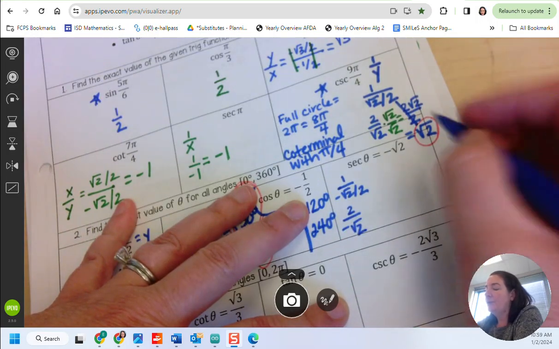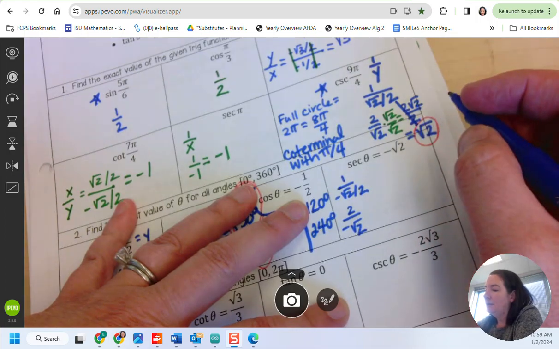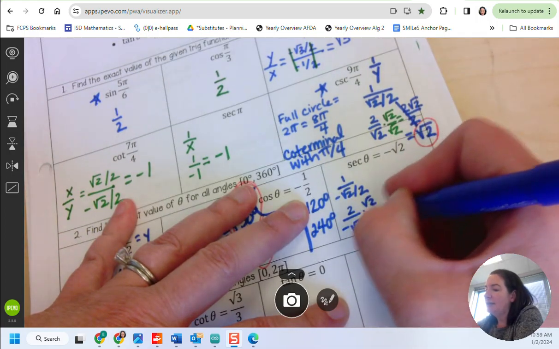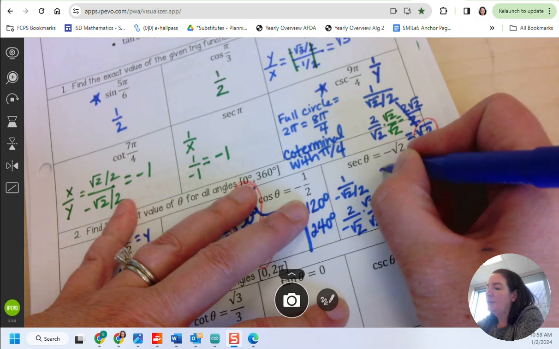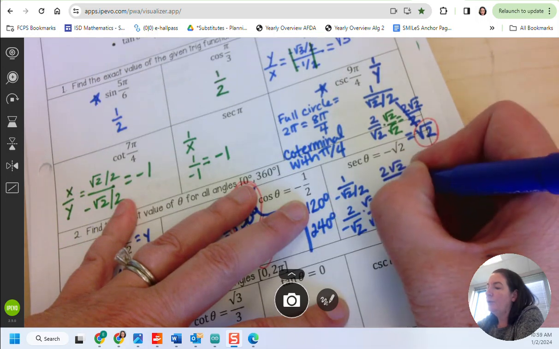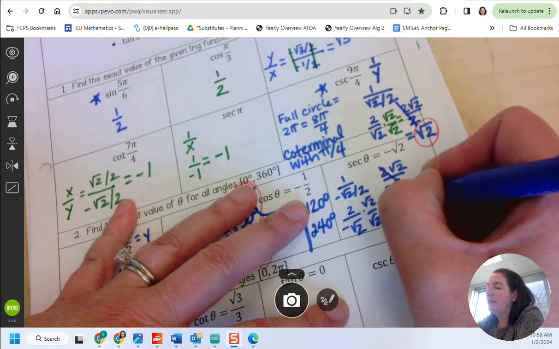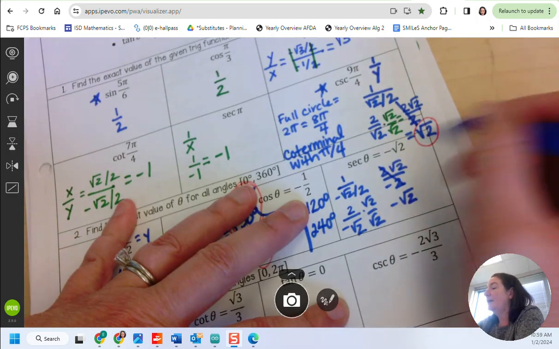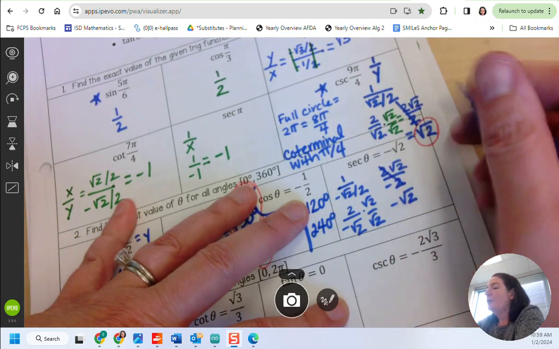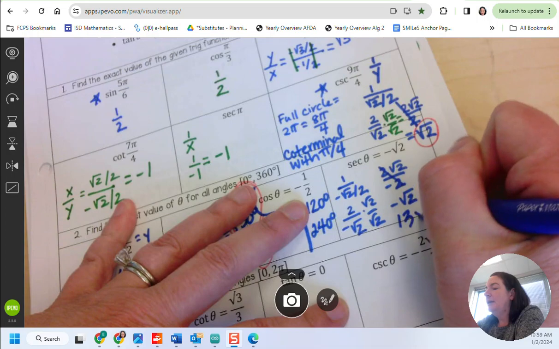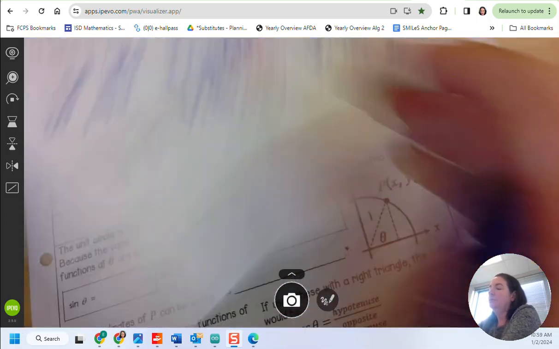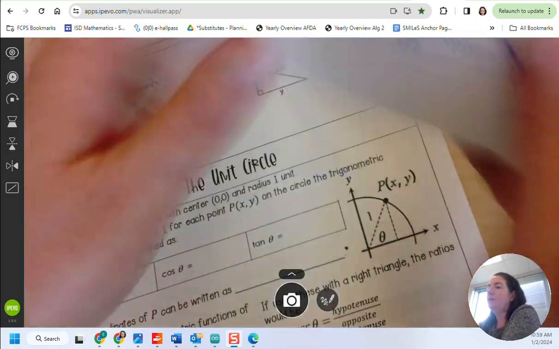We've done all these steps before. And then we rationalize. And so we had 2 root 2 over negative 2, which is negative root 2. So we were right. So that was from 135 degrees. And we said it was also going to be 225 degrees.